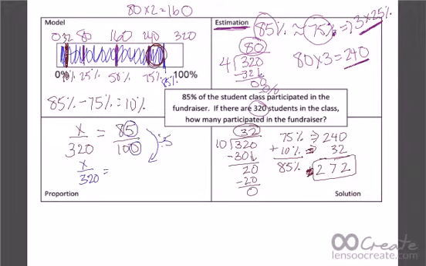So 85 divided by 5 is, well, let's start at the bottom. 100 divided by 5 is 20. Okay, so 20 times 5 is 100. So 19 times 5 would be 95. So 18 times 5 would be 90. So 17 times 5 would be 85. So 17 20ths.